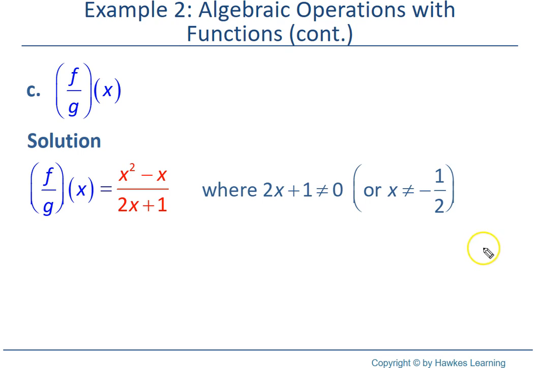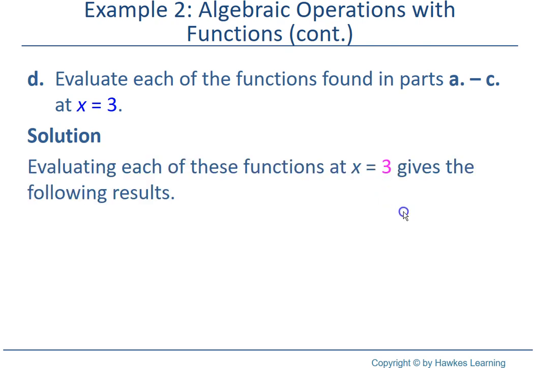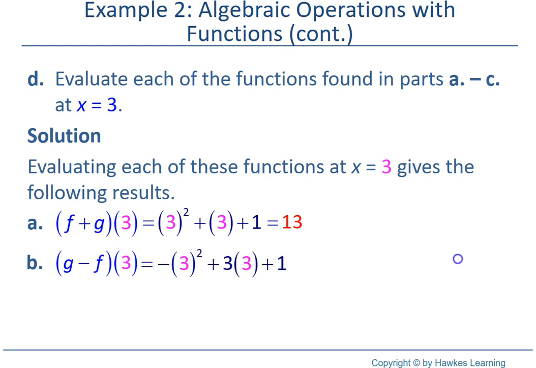Okay, let's go on. And they now want you to evaluate each of these when the value of x, its replacement, is 3. So they will do that for this first one. There's what we got for a. They're substituting a 3, and it becomes a 13. And there's our b, substituting a 3. Now remember, it's not substituting a 3 here.